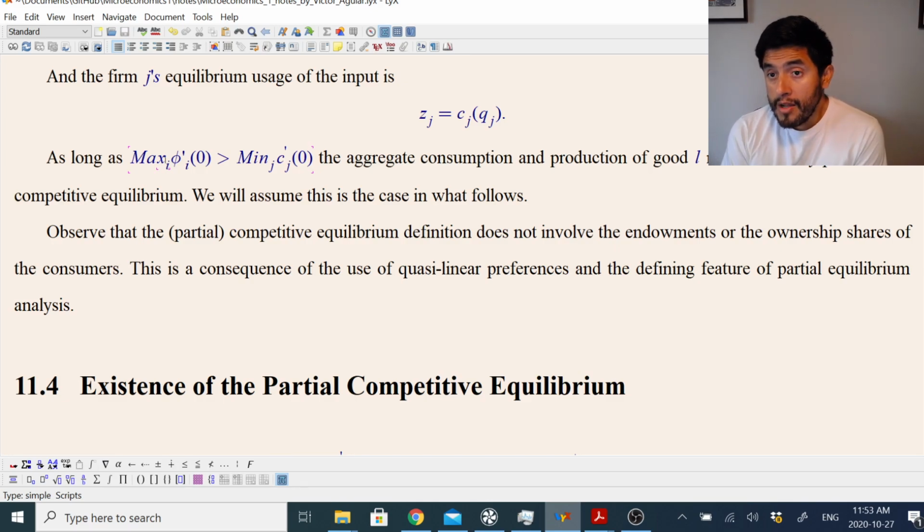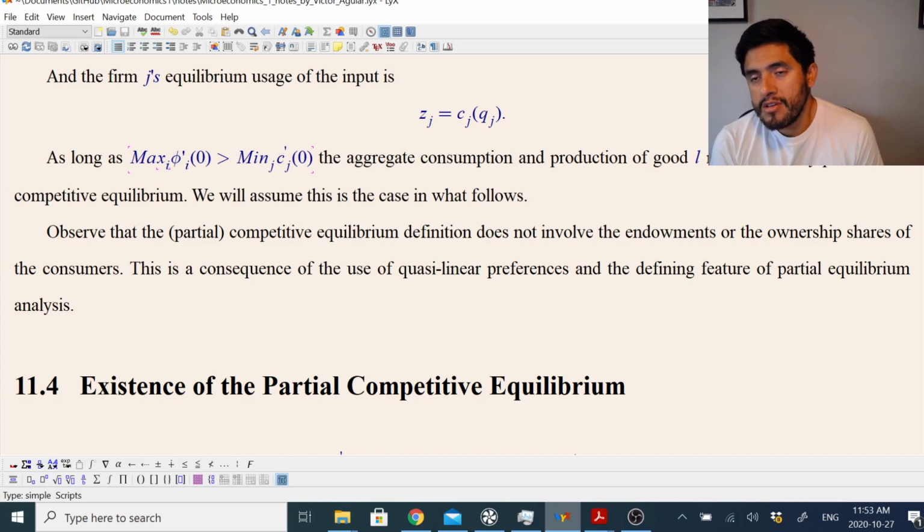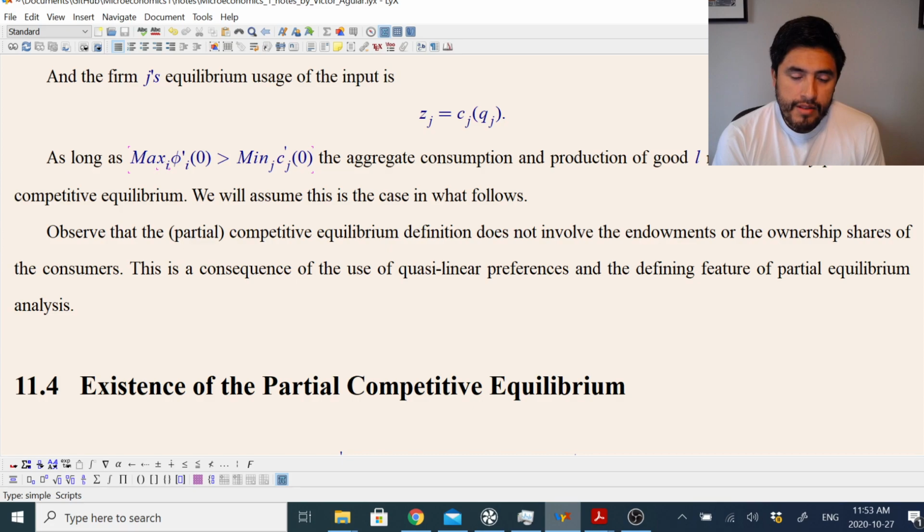It means that if you're an applied person studying the market of cereal, you don't need to know the stock positions of your consumers, the people that go to Walmart or Costco. And you don't need to know how much they earn, their income. So that's actually very useful, okay?